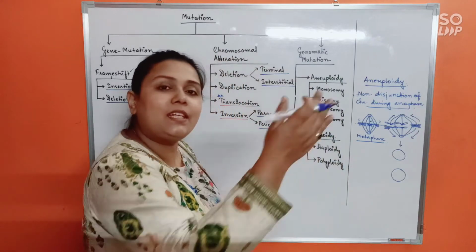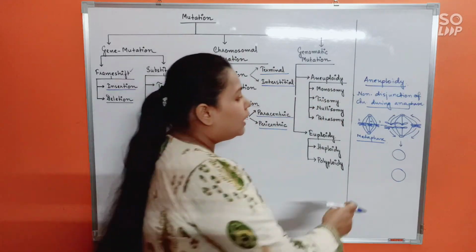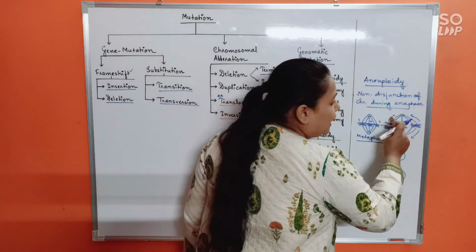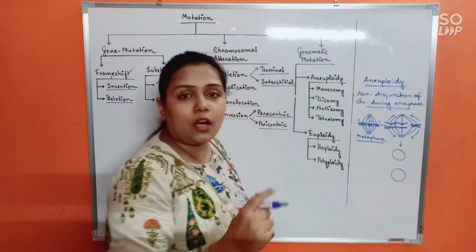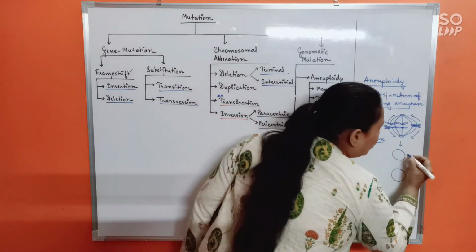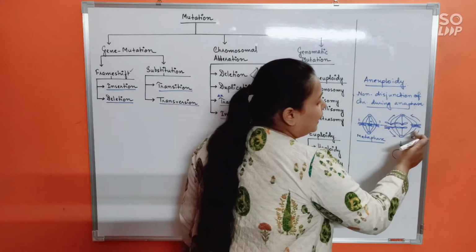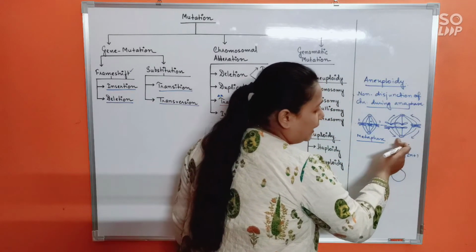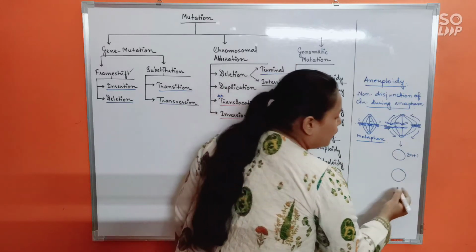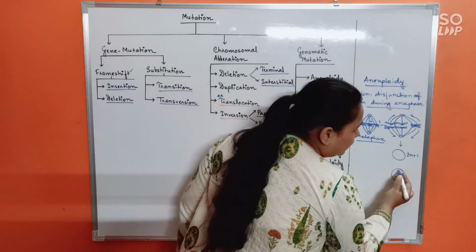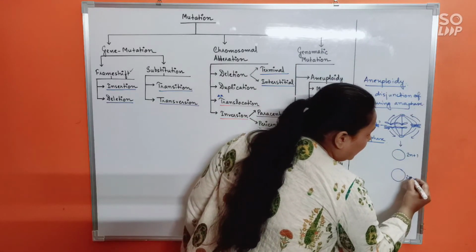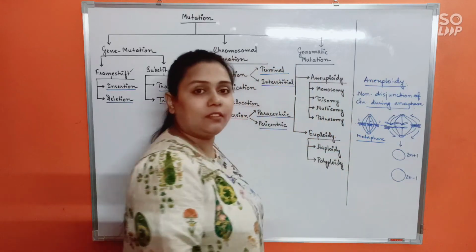It will not be 2n, rather it will be 2n plus 1. And towards this pole, one chromatid will be missing, so the nucleus that will be formed will be 2n minus 1.